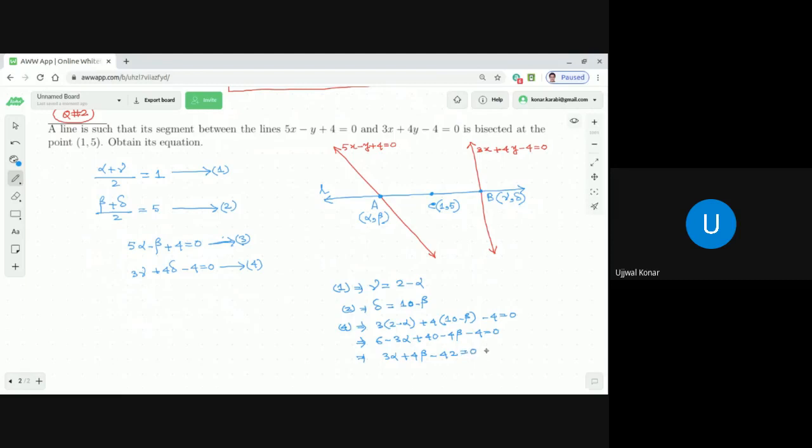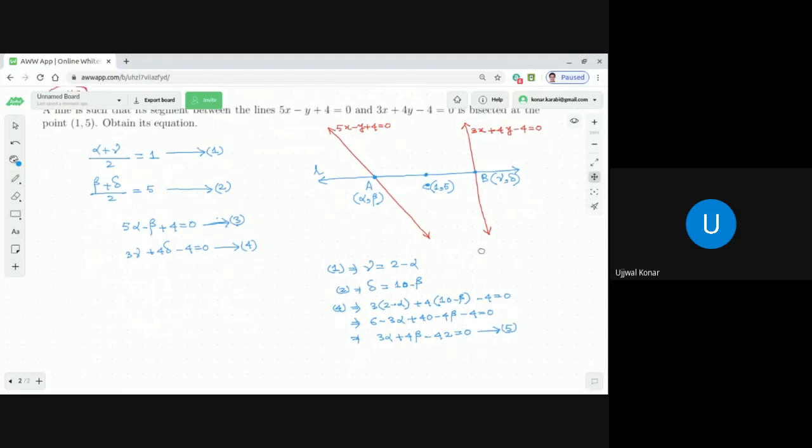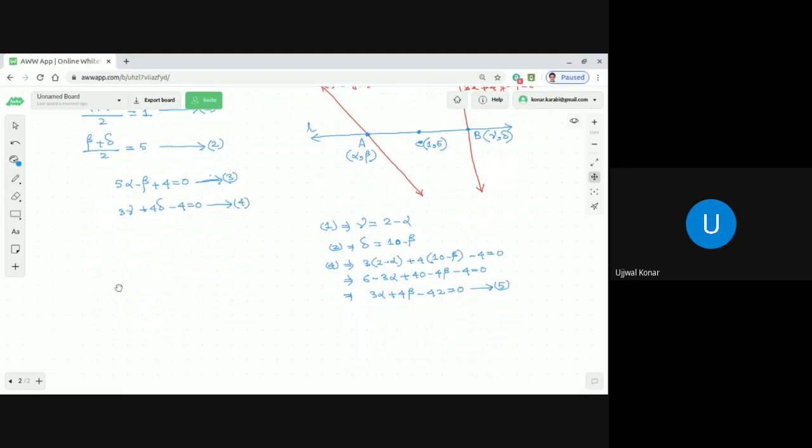Now this equation we give as equation number 5. Now from equation 3 and equation 5: from equation 3 we get 5 alpha minus beta plus 4 equal to 0, and from equation 5 we get 3 alpha plus 4 beta minus 42 equal to 0.